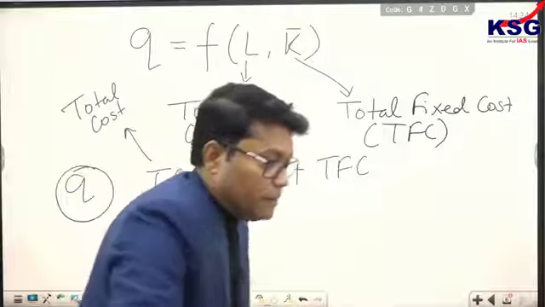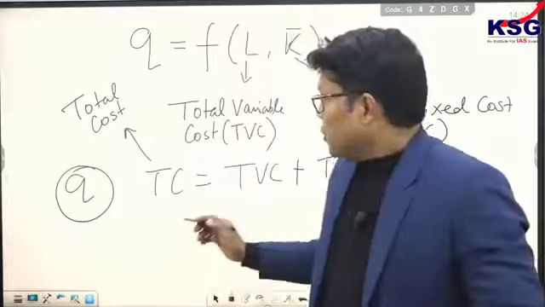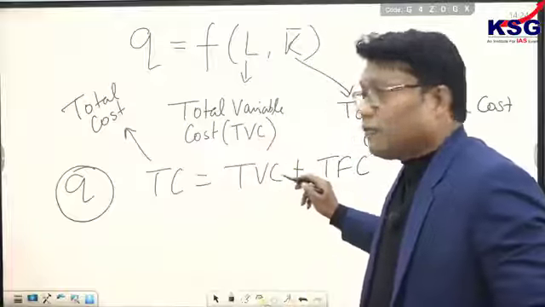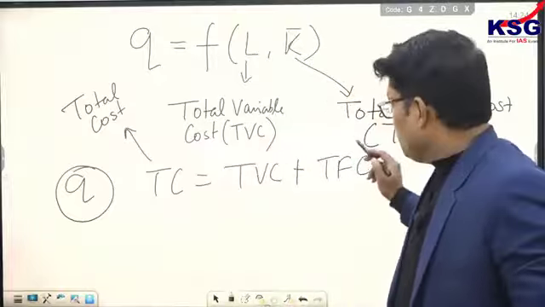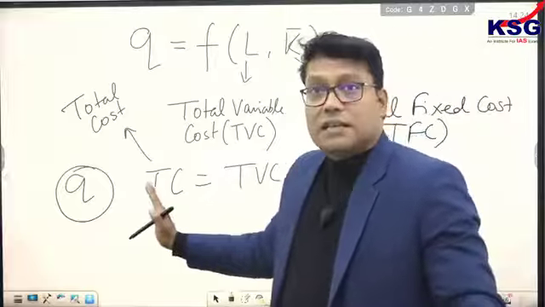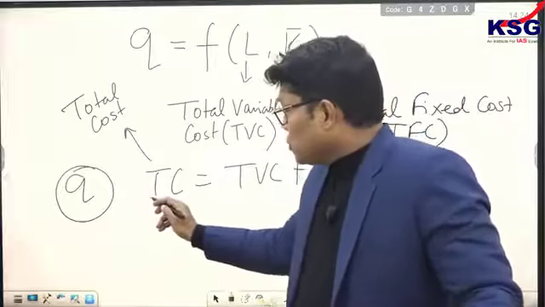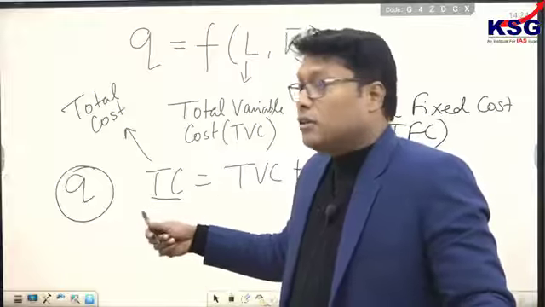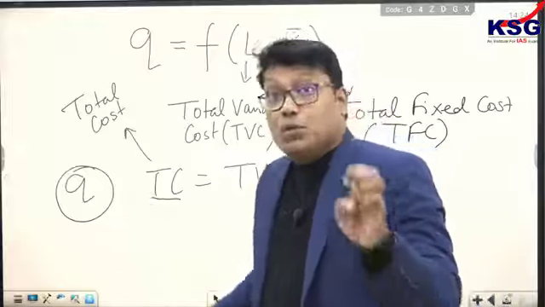So now come back here. You know that on variable inputs you spend this much variable cost, on fixed inputs you spend this much cost. After addition, the total cost is TC amount. But this total cost you incurred on production of Q amount of output.